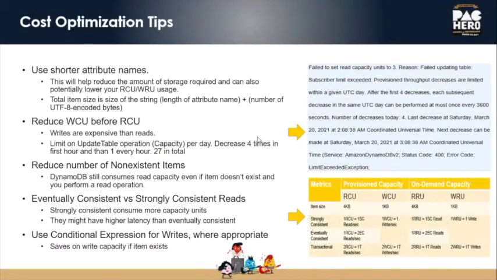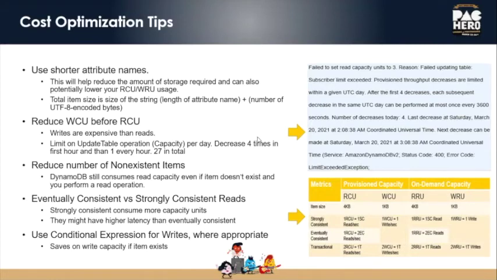Another cost optimization tip is if you're on provisioned capacity and you're trying to update tables multiple times, make sure, again, highly stressed, make sure you reduce your write capacity unit before you do read capacity unit. A write capacity unit is almost like 5 or 6 times more expensive than read capacity unit.